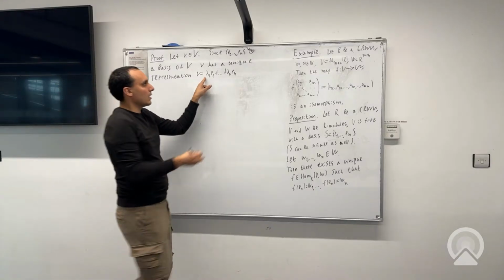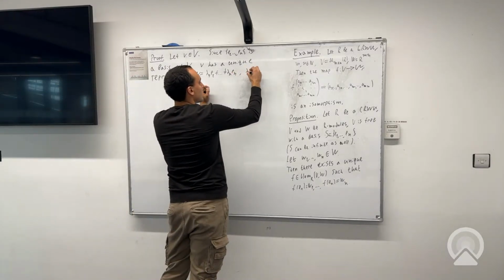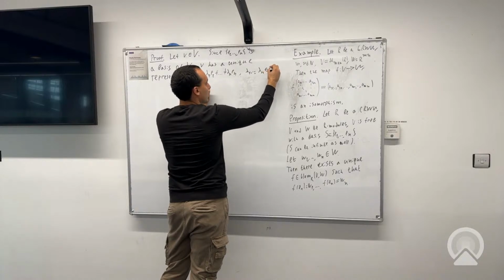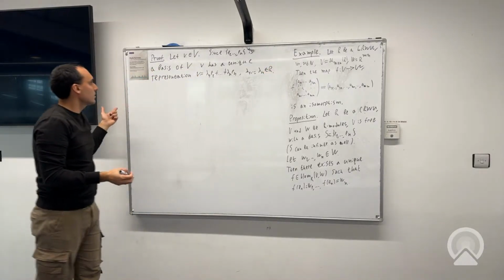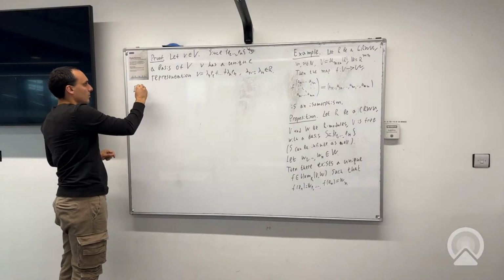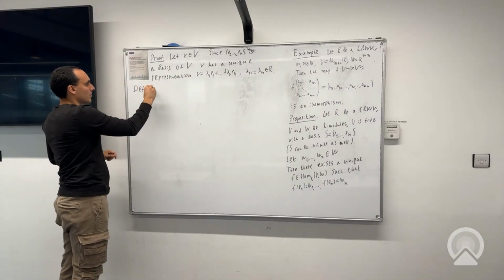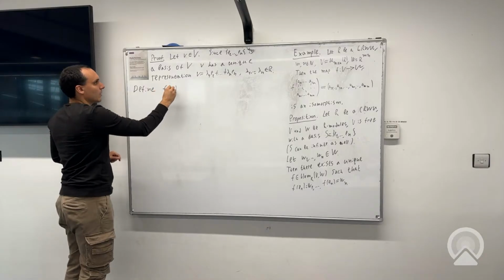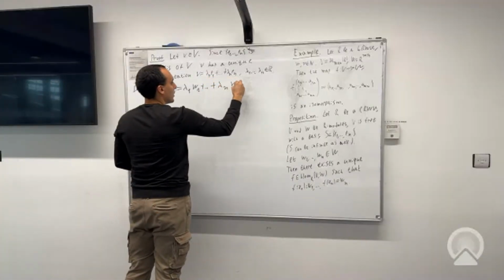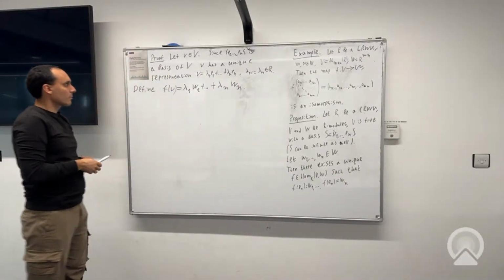Lambda 1. And so we define f of v as lambda 1 W1 plus lambda n Wn.